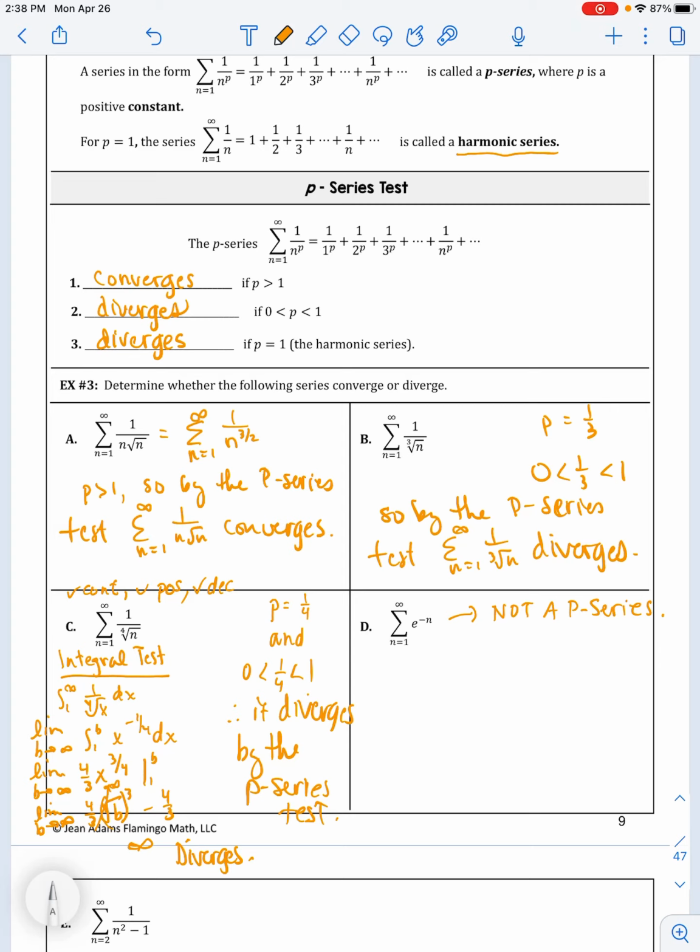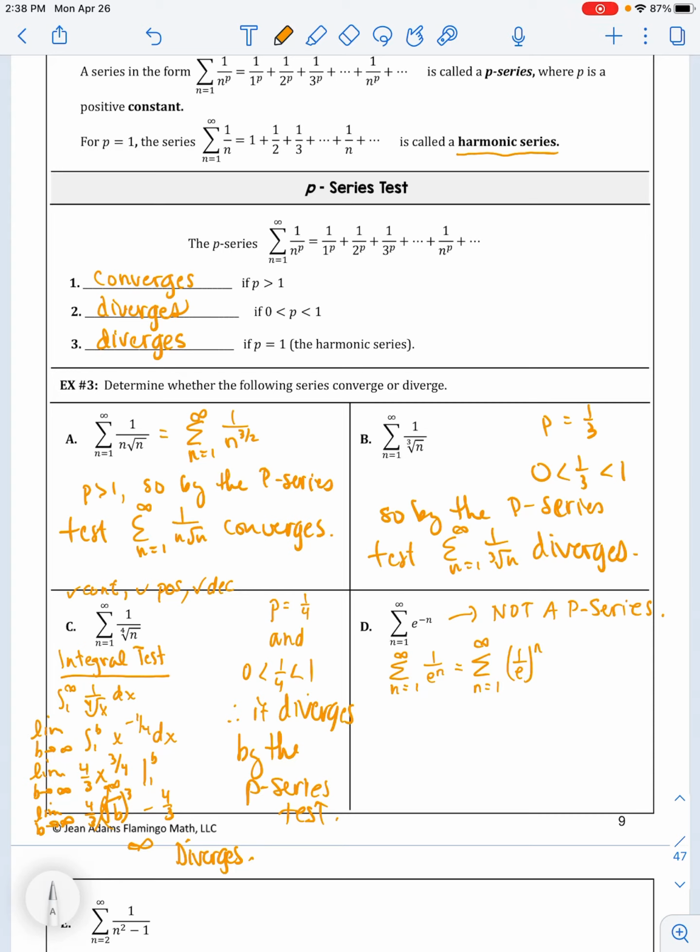This one is not a P series. This is just 1 over e to the n. So your n is like 1, 2, 3, 4. It doesn't have a constant.